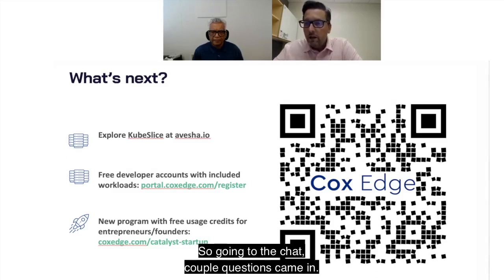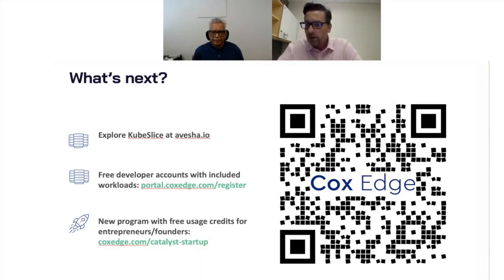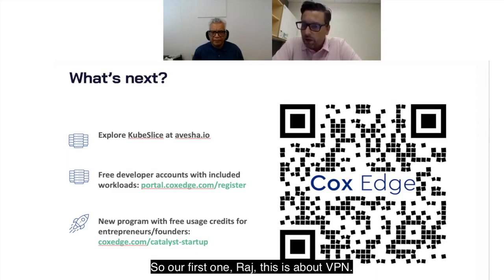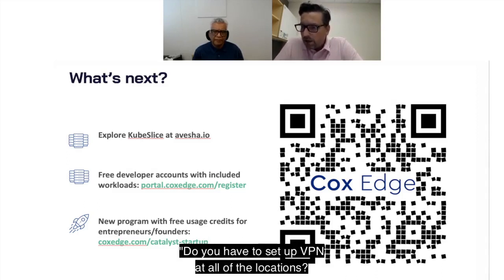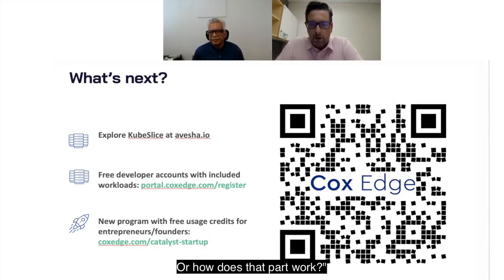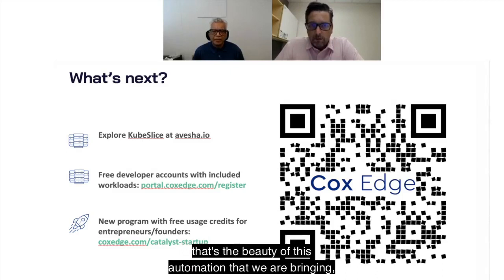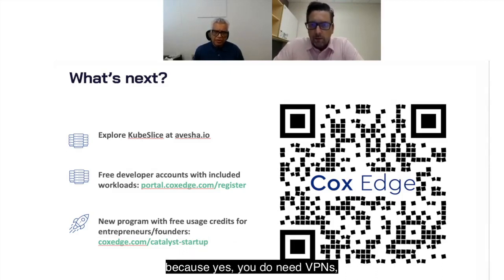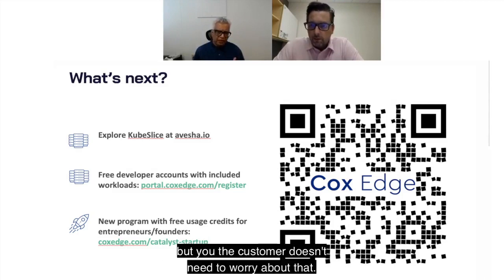Okay, going to the chat, a couple of questions came in. Our first one, Raj, is about VPN. Do you have to set up VPN at all of the locations, or how does that part work? Yeah, that's the beauty of this automation that we are bringing, because yes, you do need VPNs, but the customer doesn't need to worry about that.